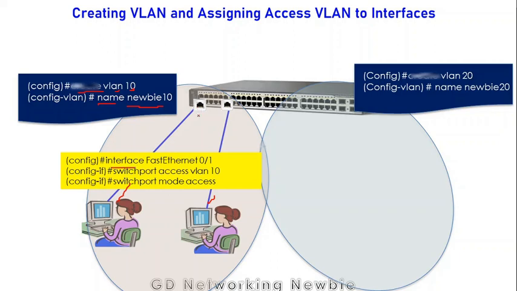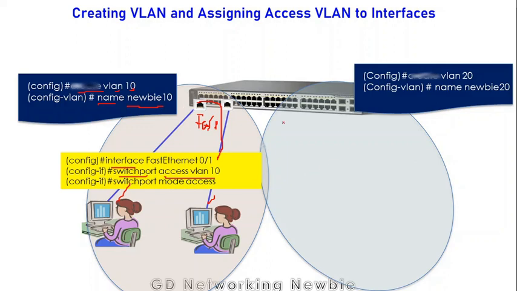For instance, this is FastEthernet 0/1. With this command we went there, and the next command is switchport access vlan 10. This command says that this port should be a member of VLAN 10. So by using simply these two commands, we made this port a member of VLAN 10.